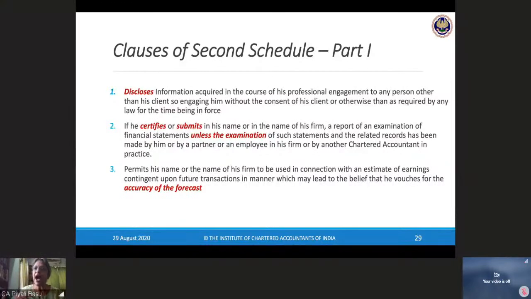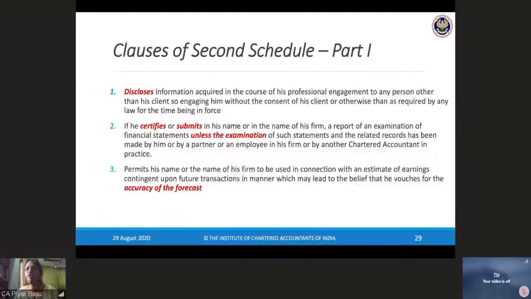That's why I said, how you calculate the forecast is your judgment. Why has a particular client come to you? Because the client knows that you are a chartered accountant in practice, with such experience, knowledge and skill. So you are supposed to give a forecast which is good, which is near accurate.